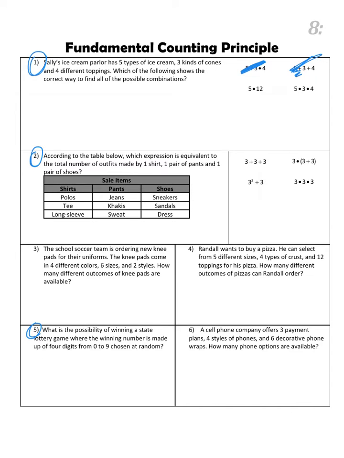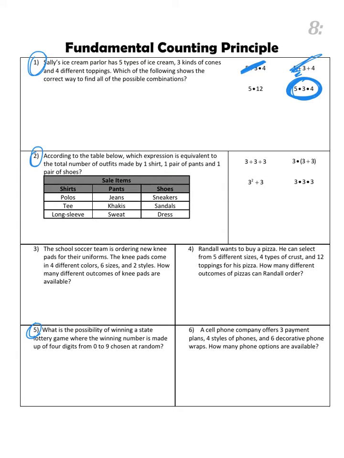So technically you could use 5 times 3 times 4. That would be the correct one. 5 times 12 would give you the same answer because 3 times 4 is 12. But let's just stick with the 5 times 3 times 4.